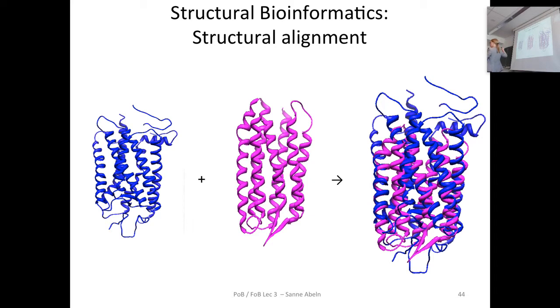This is what the PDB uses, either manually or sometimes computationally, to see if structures align and whether two structures are similar. This is how you can see if a structure A and a structure B are similar: you try to rearrange them so that they fit on top of each other. Like here, these are two different structures.